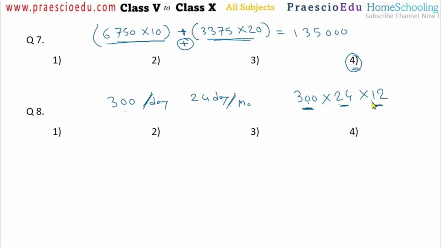After all this multiplication we can find the total answer. So 3 multiplied by 24, 3 7s are 72, and then these two zeros multiply by this 12, giving 1200. Then 12 7s are 84 plus 2, 86, so this is 86,400, and this is given in option number 1.